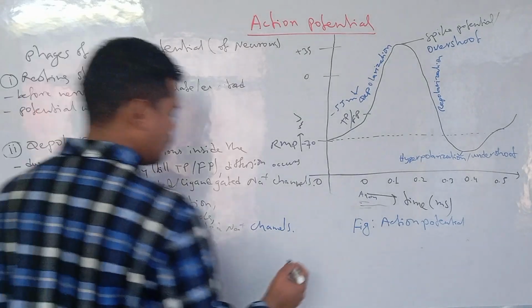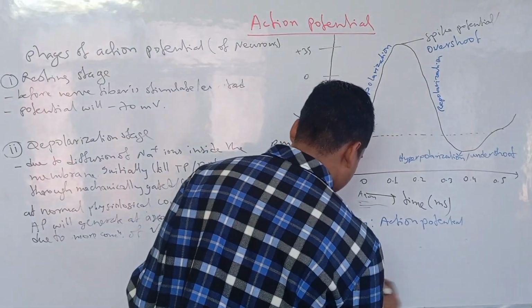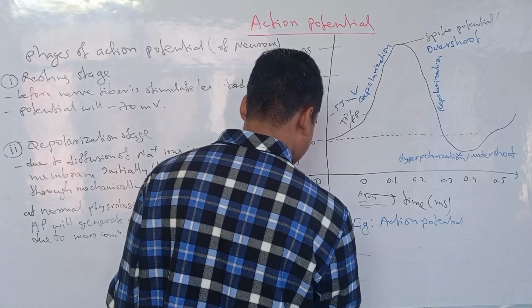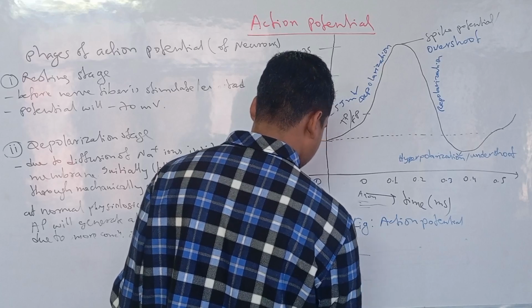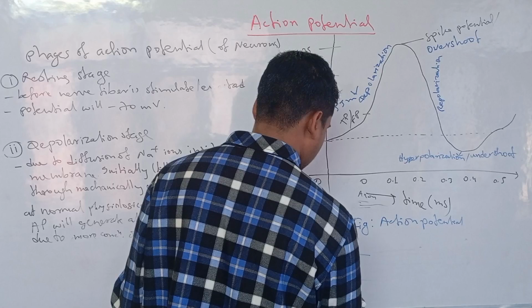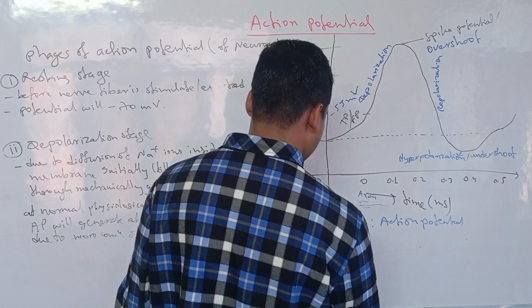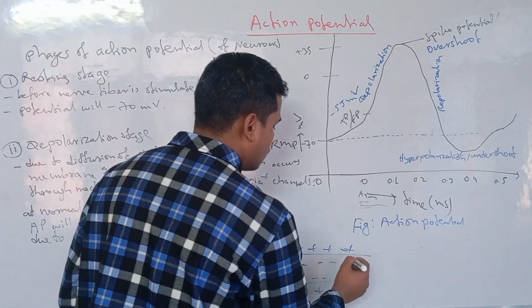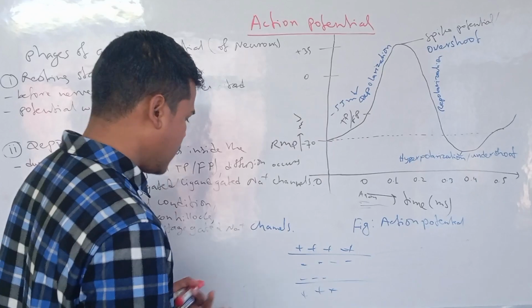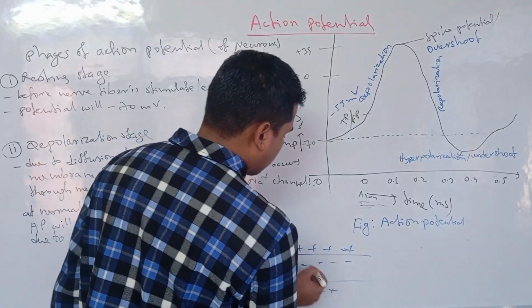Again, let's suppose this is a nerve fiber. Here is positive charge, negative charge, and the same on the other surface also. Once the threshold stimulus is applied, what will happen?